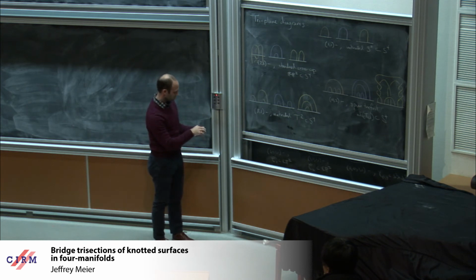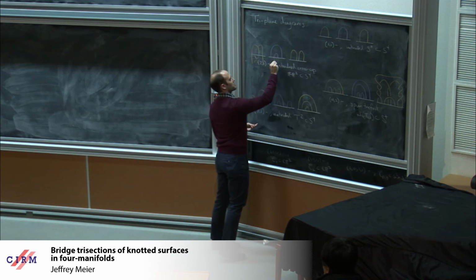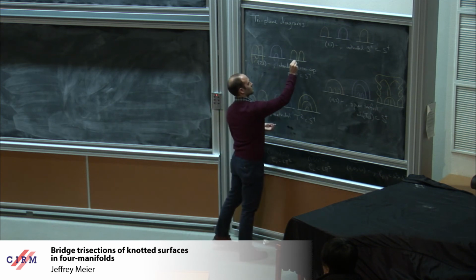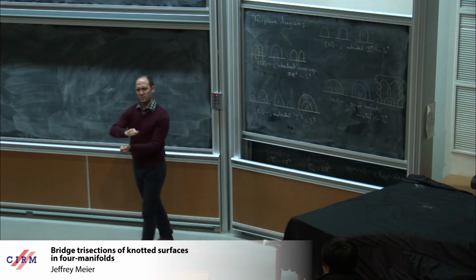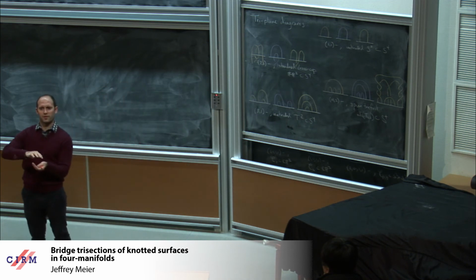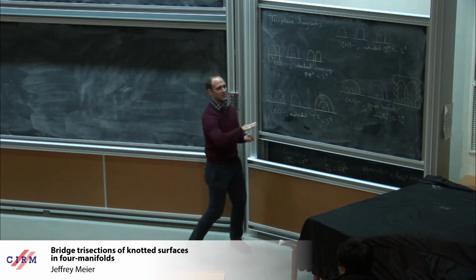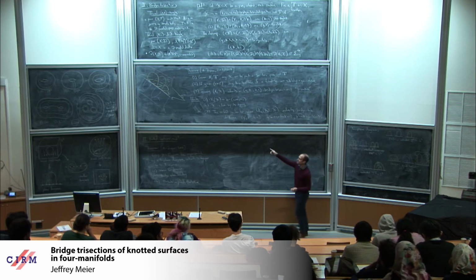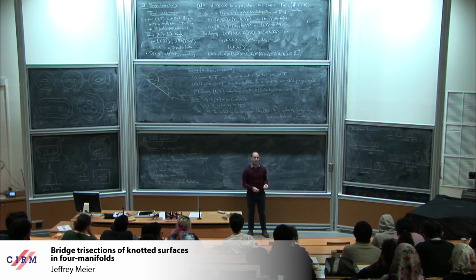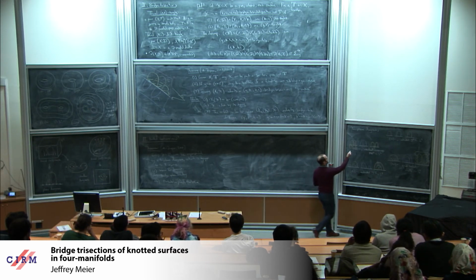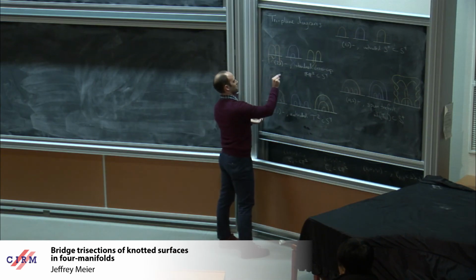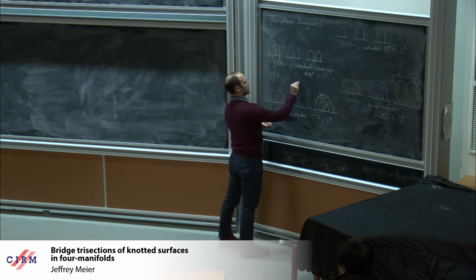But the trick is I have to do it to all 3 pieces. This is like an isotopy of my knotted surface that's supported in a neighborhood of the bridge sphere. When I isotope it, those points on the bridge sphere move around. Because this bridge sphere is the common boundary of all 3 tangles, I have to move them all the same way. And so this would give me a new picture of the same surface.